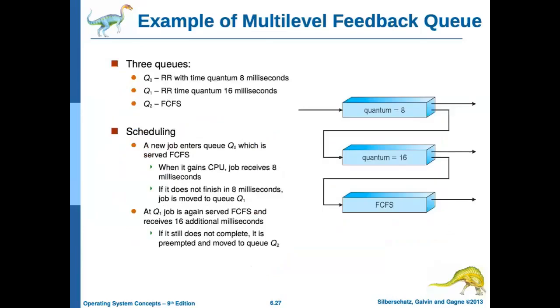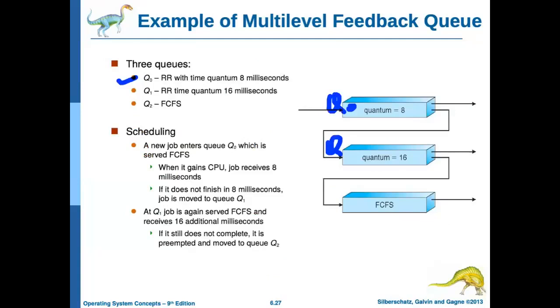So this is multi-level feedback queue. For example, this is an example of multi-level feedback queue where 3 queues are there, where you think of this as Q0, this as Q1, and this as Q2.